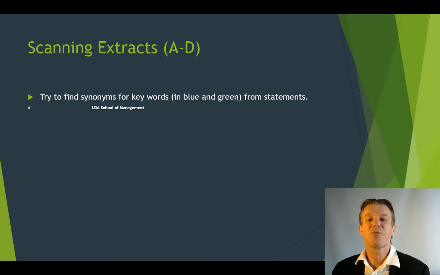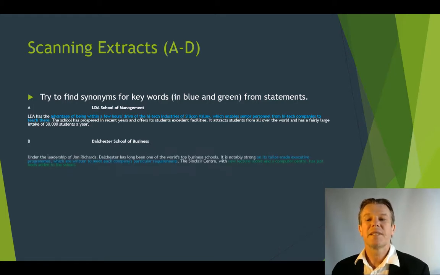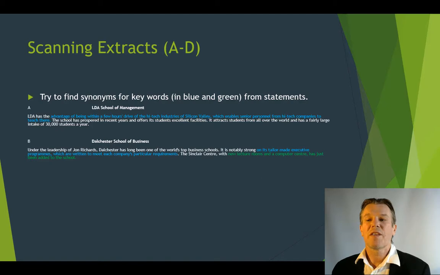So the first text was LDA, School of Management. I've scanned the text, and in blue I've put the keywords that are linked with the synonym I've identified in the statement. If I look at text B, in blue I've got the keywords, and in green that means there's another question, a second question that this is linked to.